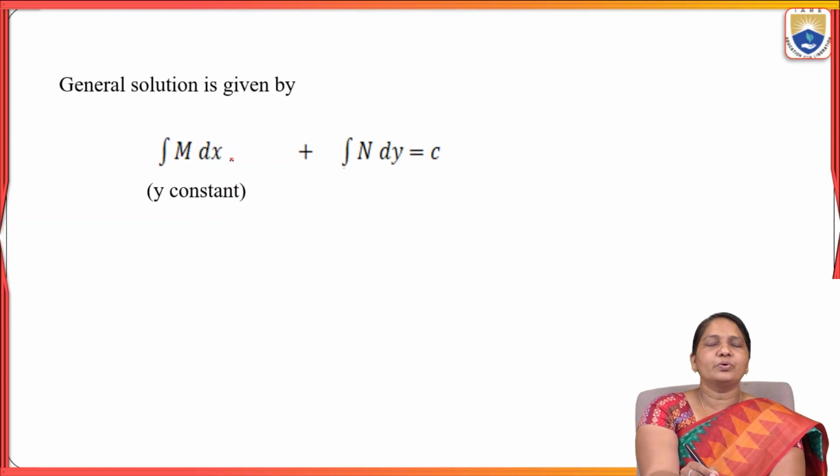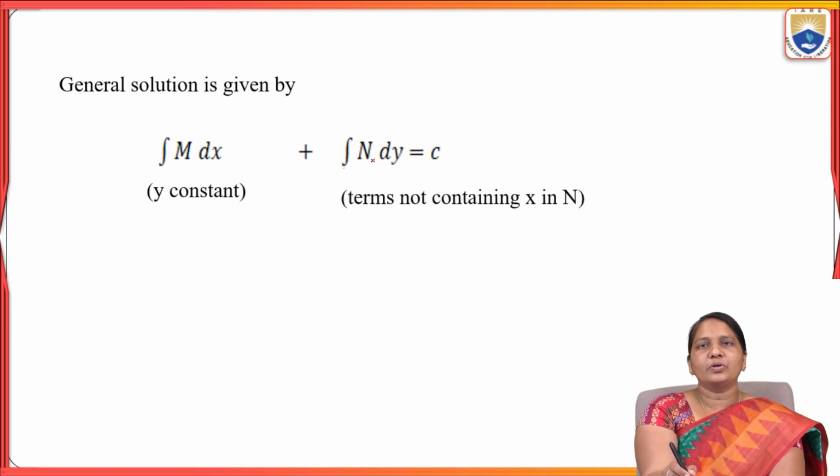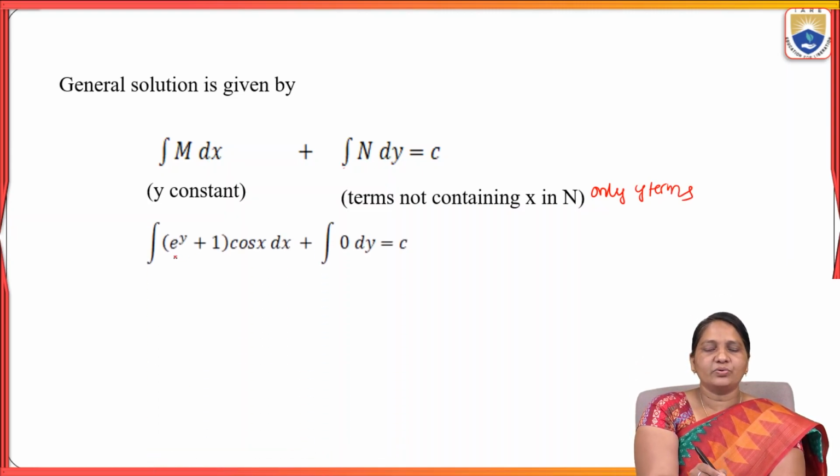So here when you are doing it for m, y is treated as constant, and when you are doing it for n, we take only the y terms. Here m value is e power y plus 1 into cos x dx, and in n there is no separate term having only y value.